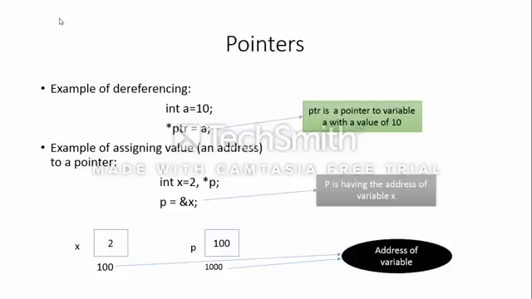After you have declared in a variable a and assigned it with a value 10, and you equate it with pointer ptr, this is meaning that pointer ptr has a value of 10. Assigning value to a pointer, which means you equate p to the ampersand of x, which means p has the value of address of variable x.